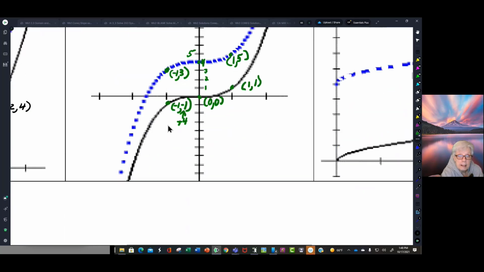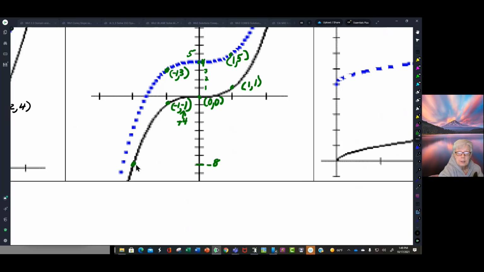And let's see. -2 cubed is -8. 1, 2, 3, 4, 5, 6, 7, -8 right here. So -2, -8 is on the graph of f of x equals x cubed.